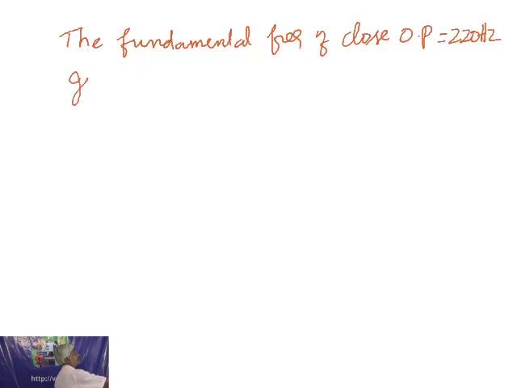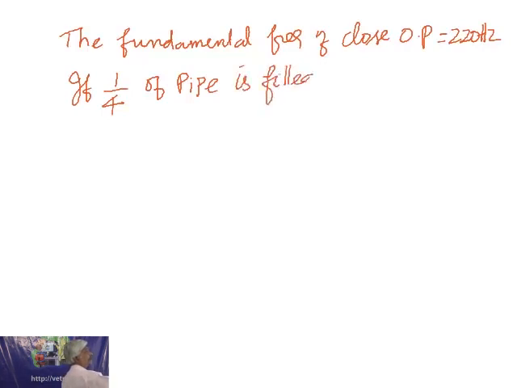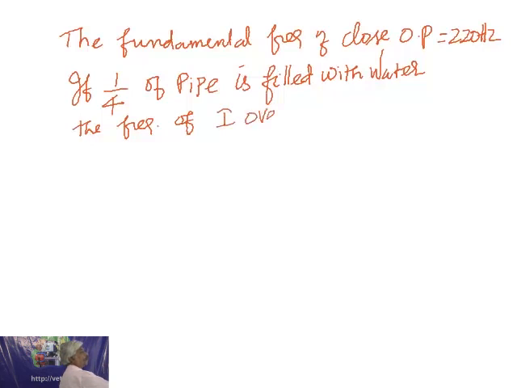If 1/4 of the pipe is filled with water, the frequency of the first overtone is dash. So I put this problem so you should not be confused.